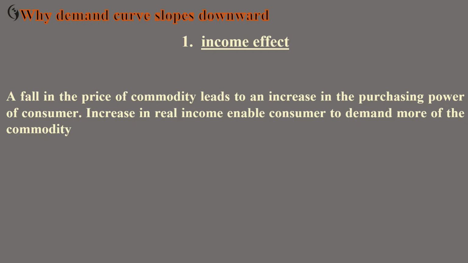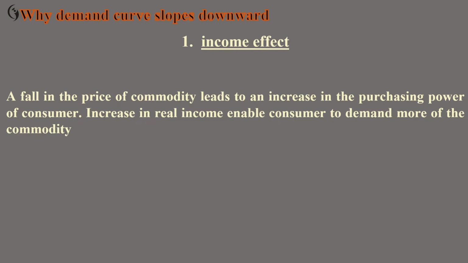Income effect. A fall in the price of a commodity leads to an increase in the purchasing power of a consumer. Increasing real income enables the consumers to demand more of the commodity. What the income effect means is when the price of a commodity falls, the purchasing power of the consumer increases.